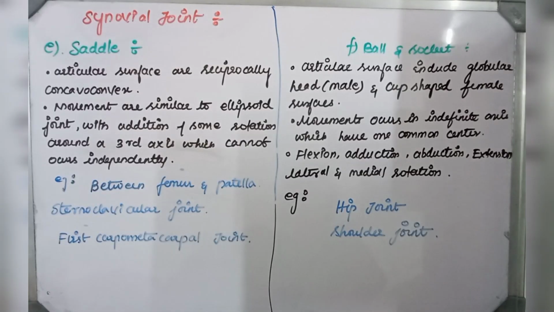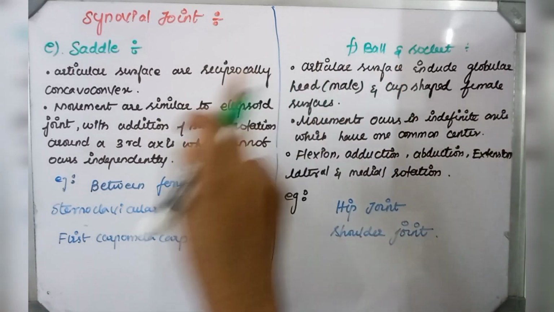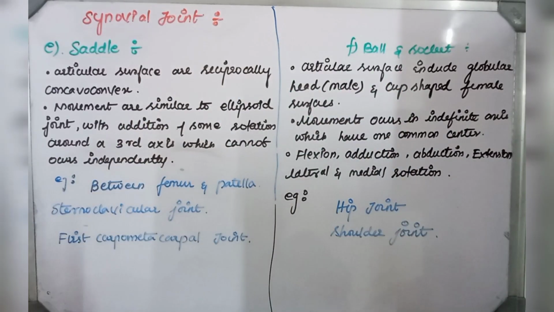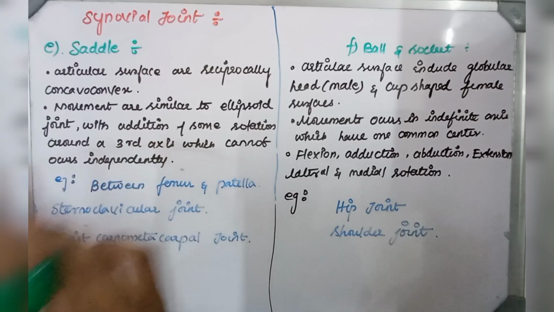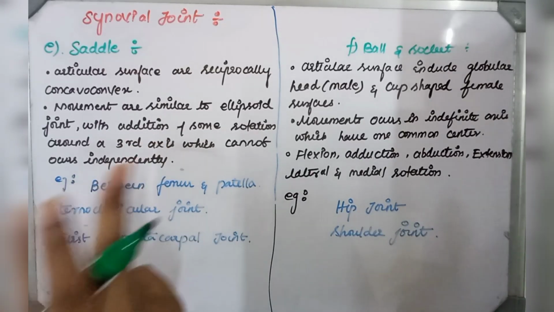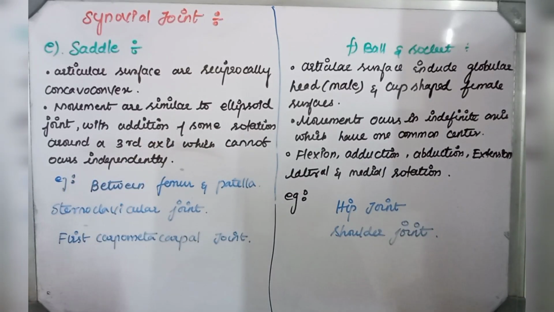And finally, the saddle joint and the ball and socket joint are going to be discussed. The saddle joint's articular surfaces are reciprocally concavo-convex.